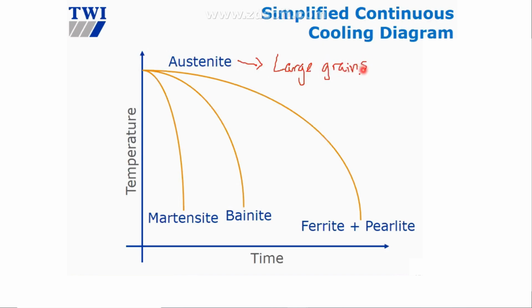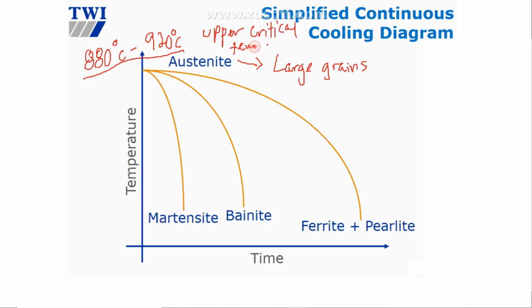We get austenite when we heat the material between 880 degrees C up to 920 degrees C. This temperature is called the upper critical point, sometimes called the upper critical temperature.